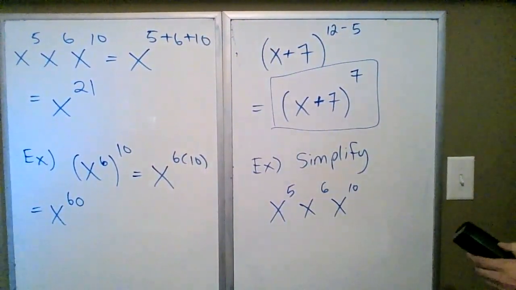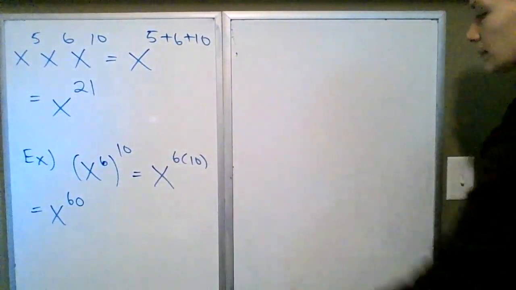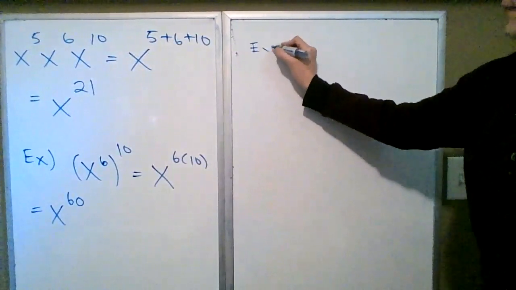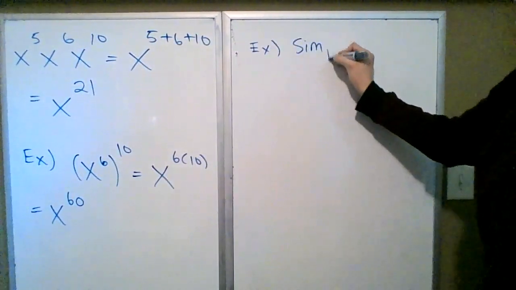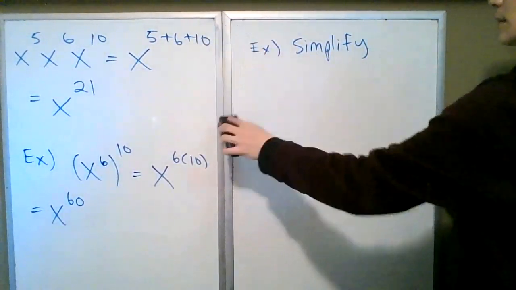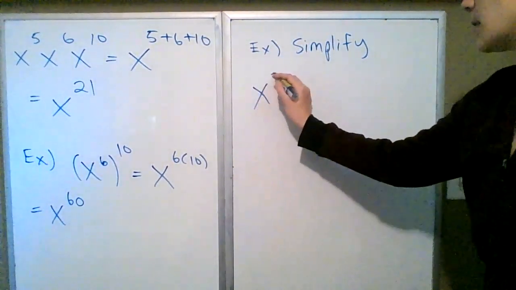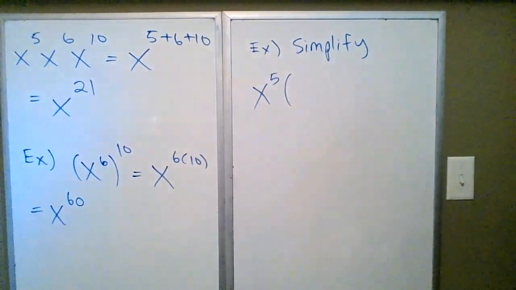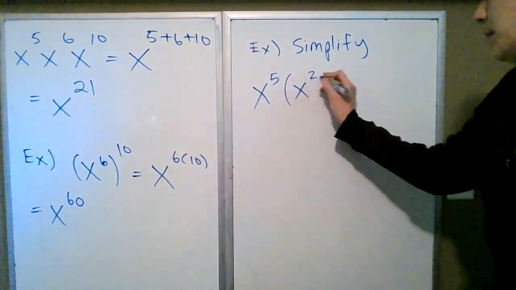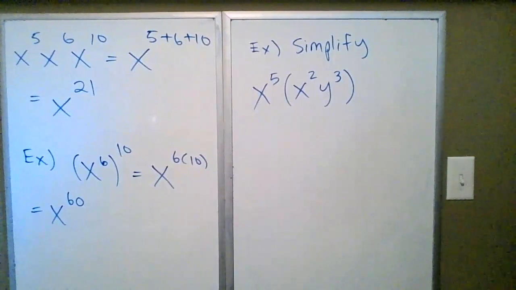Cool. This time we simplify. X to the 5th multiplied with x squared times y cubed, and that has the power of -2.